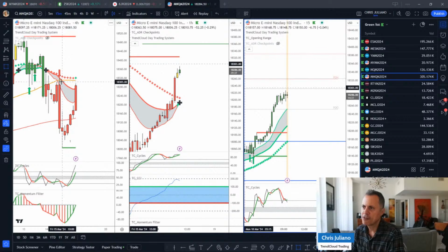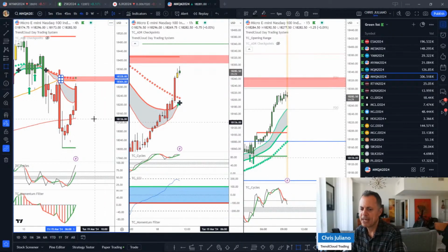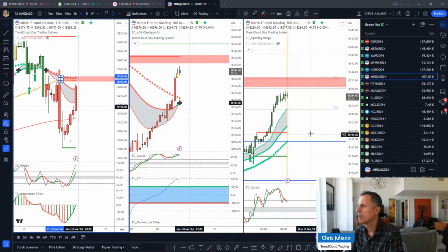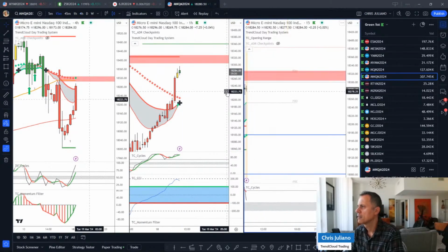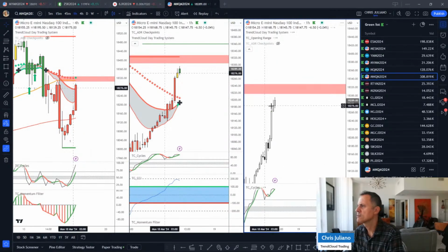We've got some resistance levels coming up, don't we? The 50 simple on the high time frame, and the 100 simple. Those are major levels of resistance. It's also the previous day's high. We've got the previous day's high there. And what else?